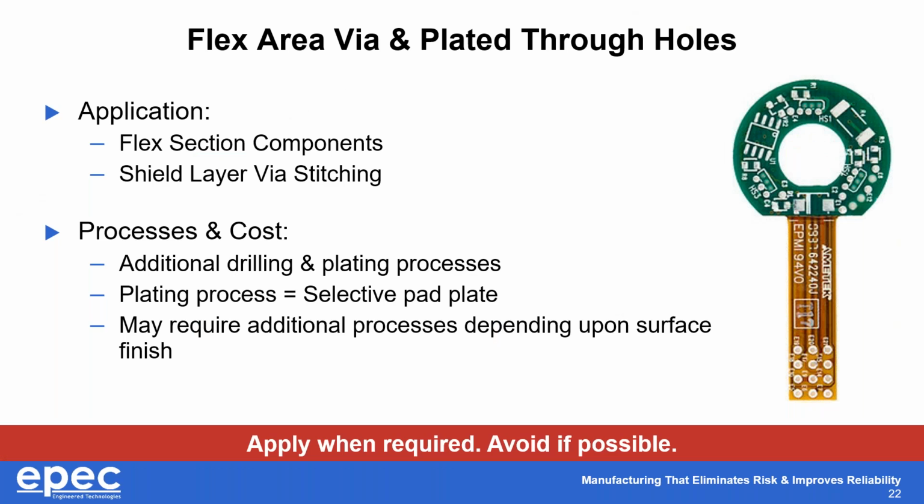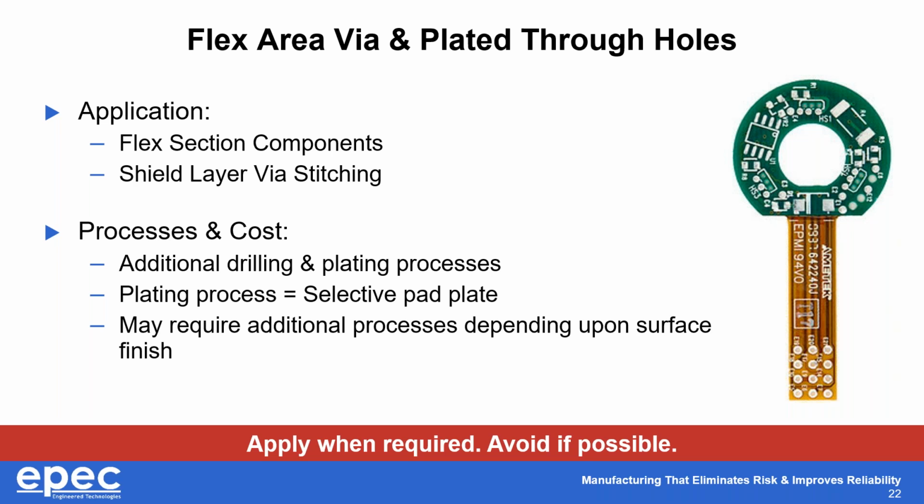Some of the applications where you will require this are if you have to have, due to mechanical reasons or space limitations, components down on the flex layer as opposed to constraining them to the rigid areas only, as you can see in the example on this page. And another application is for shielded layers, stitching the shields together down the length of the flex for as effective a shield as possible.